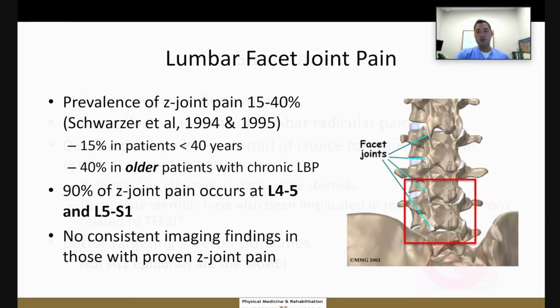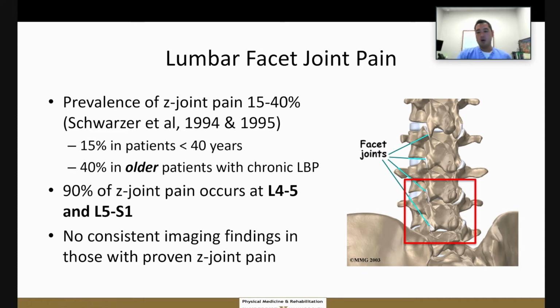So moving on to the second most common injection or intervention that we may do: interventions targeting the lumbar facet joint. Lumbar facet joints have been implicated as a more common cause of pain in the older population, and the majority of facet-mediated pain in the lumbar spine comes from the L4-5 and the L5-S1 facet joints.